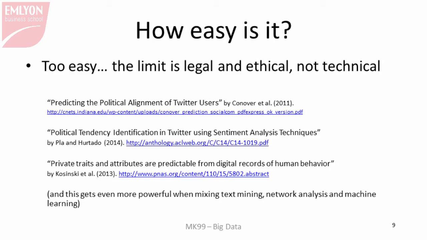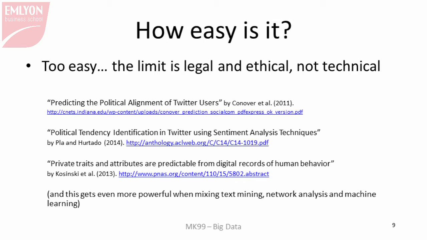I list on this slide a couple of recent papers, and that's just a couple of them, you have many others, that show what researchers could do when you start text mining texts that relate to individuals.